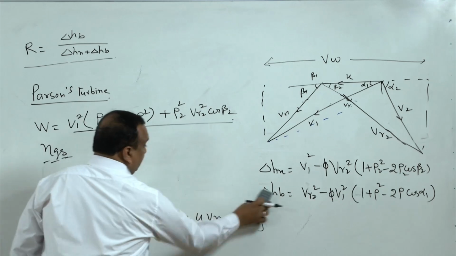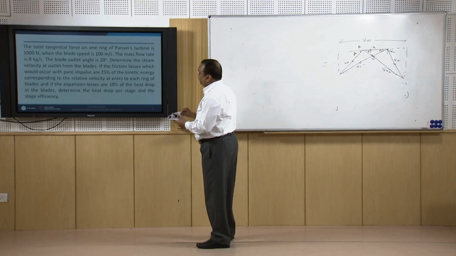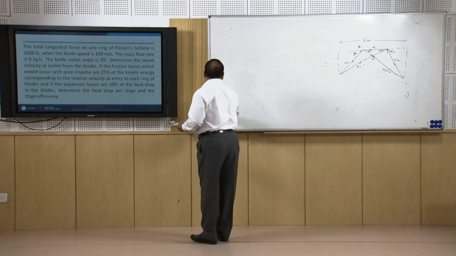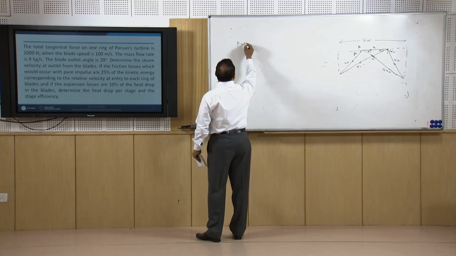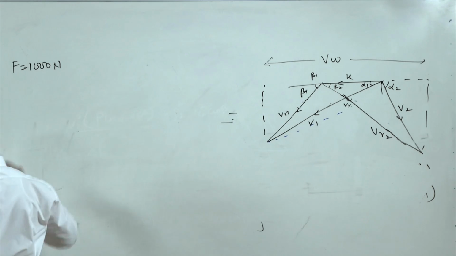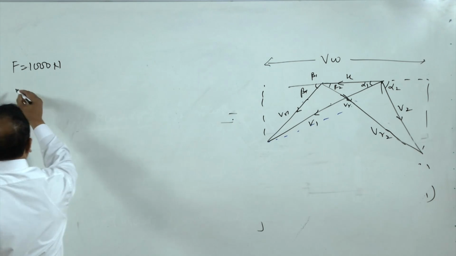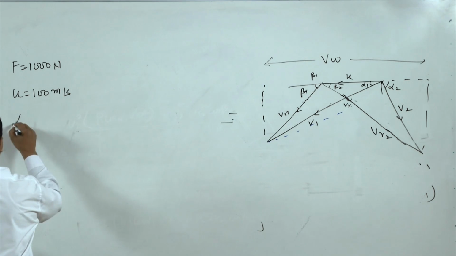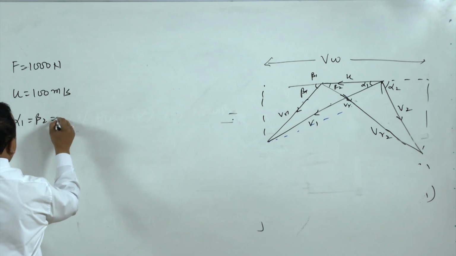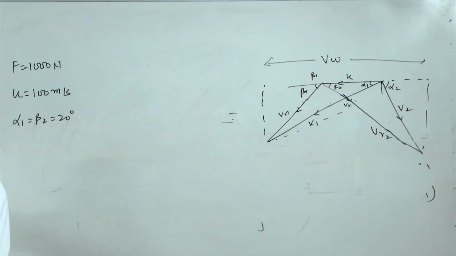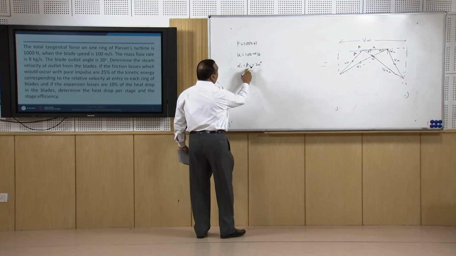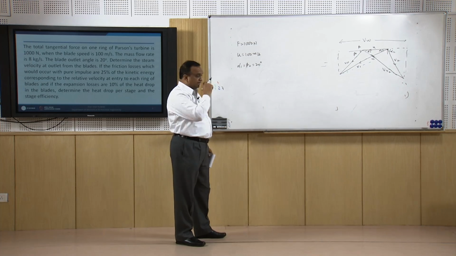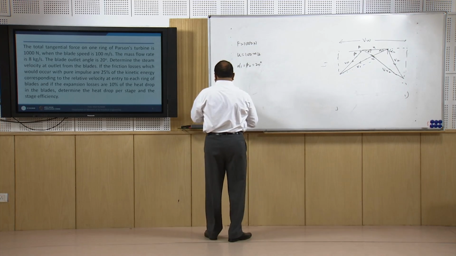Now, in this numerical, we will start with the force exerted on blades. Force exerted on blades is 1000 newtons, and U is equal to 100 meters per second, alpha 1 is equal to beta 2 is equal to 20 degree. It is given here, blade outlet angle. So, blade outlet angle automatically becomes the nozzle inlet angle for Parson's turbine.